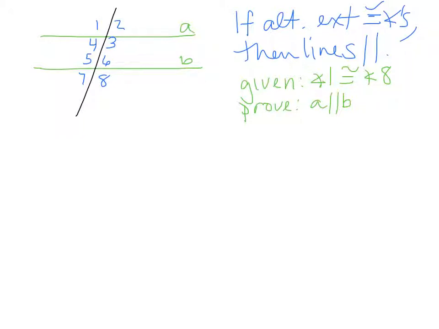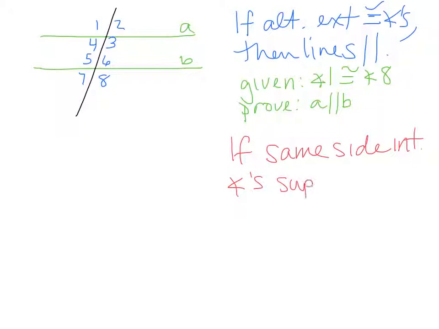Okay, and then our final rule along with these is something about same side interior angles. If same side interior angles, okay, these aren't going to be congruent, right? 3 and 6 here aren't congruent, right? But what is true is that if they are supplementary, which means they add up to 180, then lines are parallel.